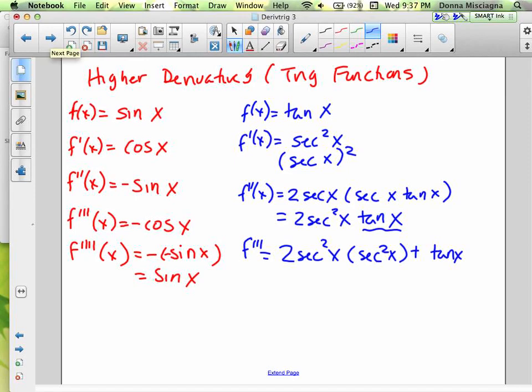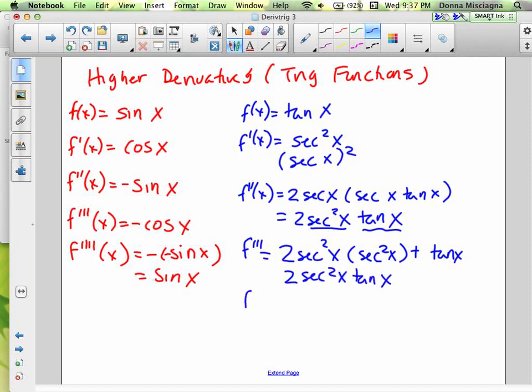And well, we already know what the derivative of secant squared x is, because we just did that up here. We took the derivative of secant squared x, and we ended up with 2 secant squared x tangent x. So the derivative of secant squared x would give us 2 secant squared x tangent x.